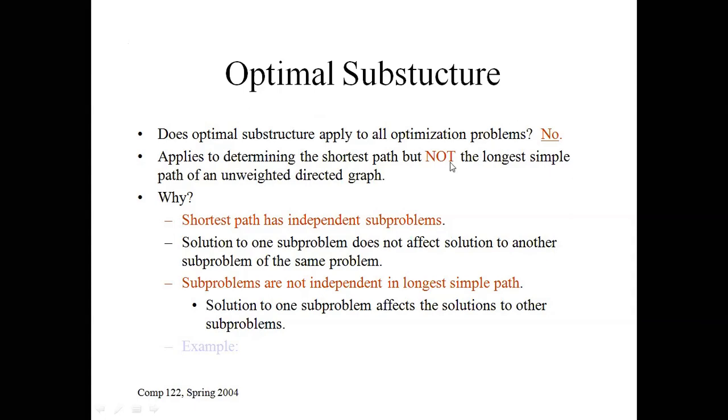So optimal substructure, does it apply to all optimization problems? Okay, no. It applies to determining the shortest path but not the longest simple path of an unweighted directed graph. So why is this? Shortest path has independent subproblems. Solution to one subproblem does not affect solution to another subproblem.